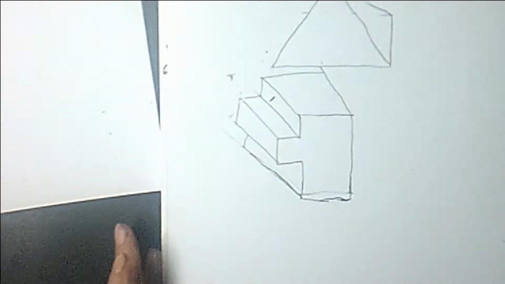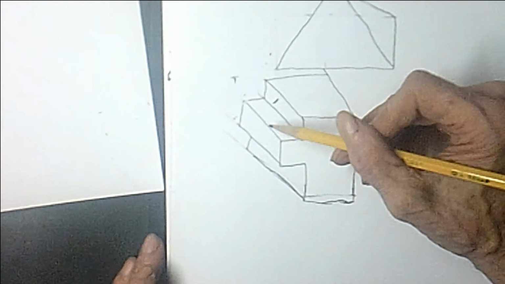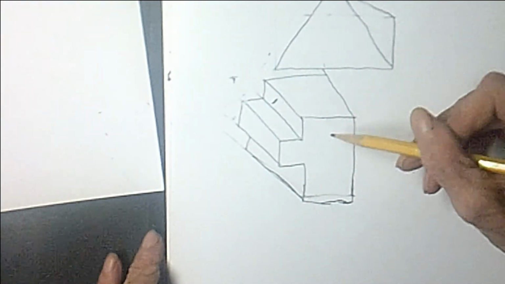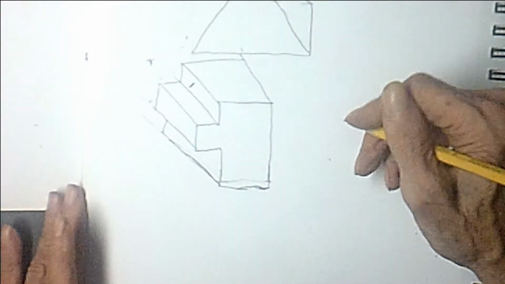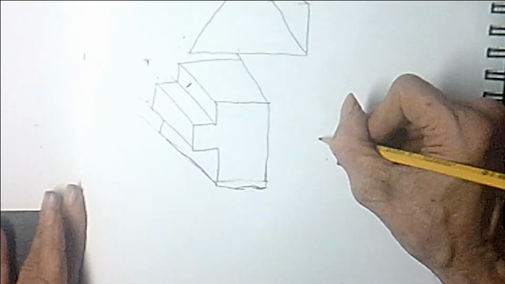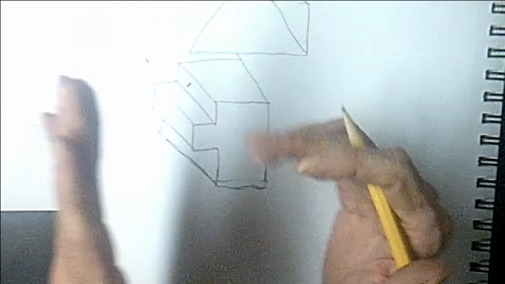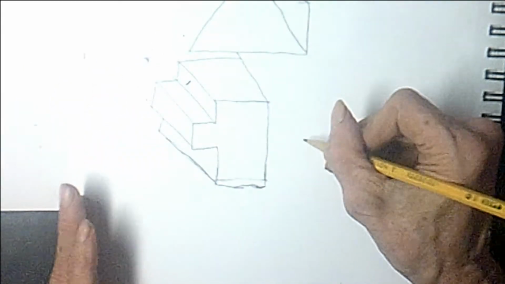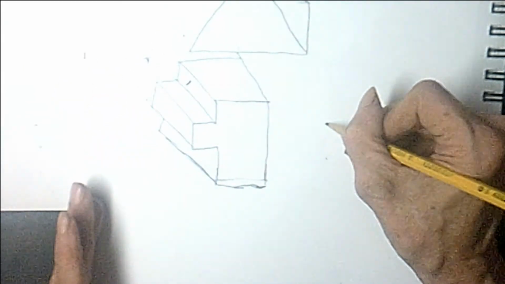Now what I'm going to do with this, well, I want to see more of this front view and the left of this side. What I do is I have to compress this thing. I'm going to turn it to the right. This is going to get smaller.